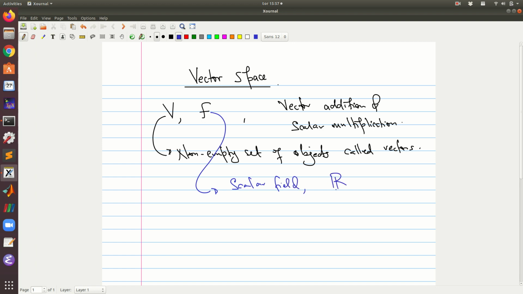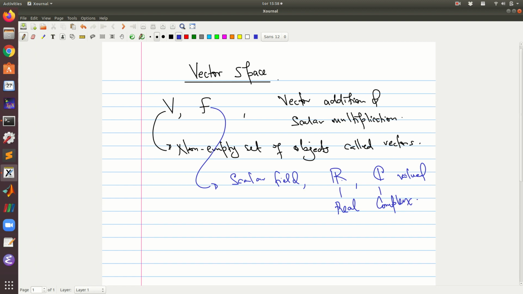For instance, it can be the set of reals or the set of complex valued numbers. This is real and then this is complex.